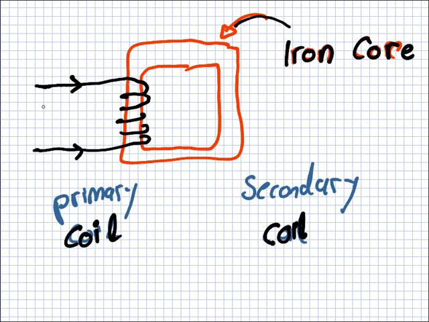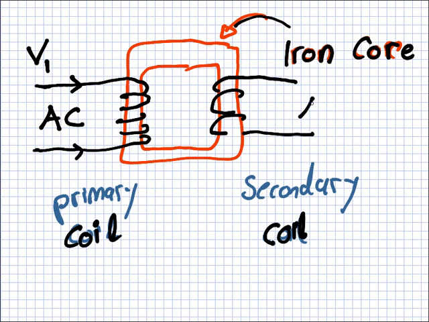Okay. So this is an alternating current, AC, and we say it has voltage V1. Then what you do is you have a wire here. This is also an alternating current. And this has voltage V2.